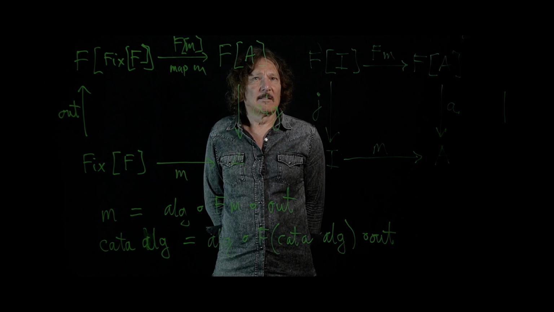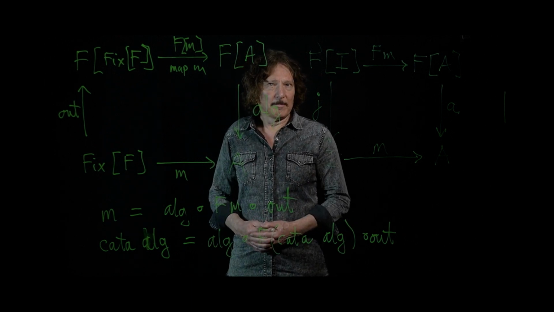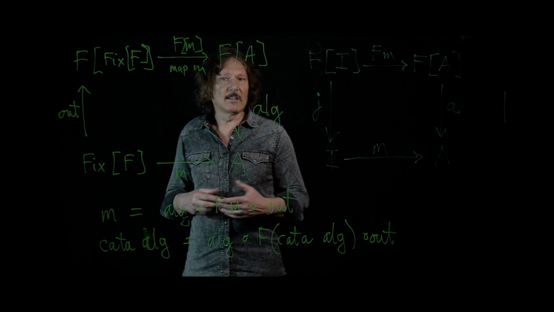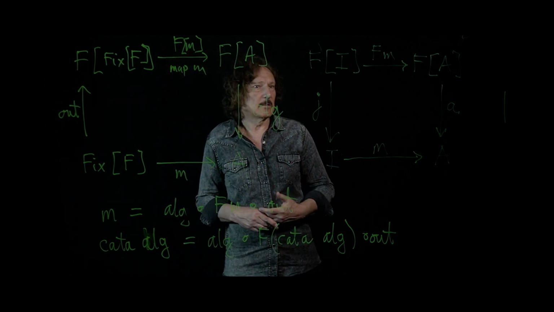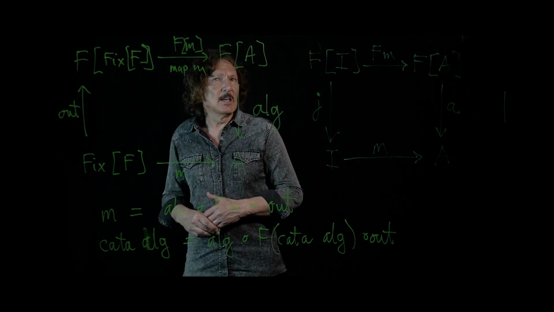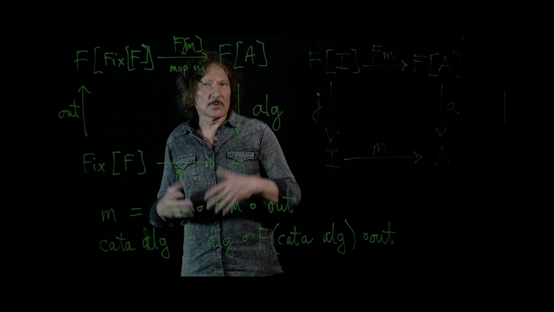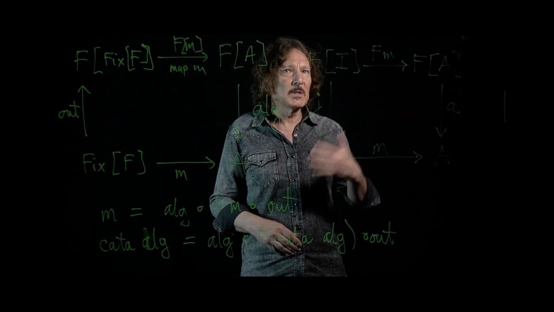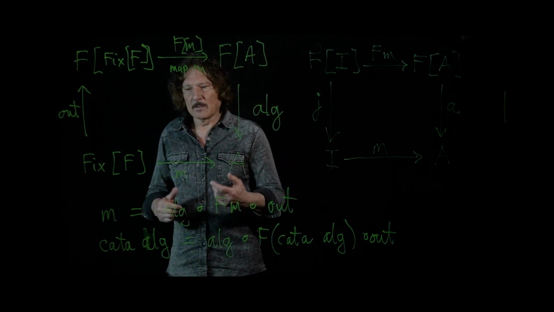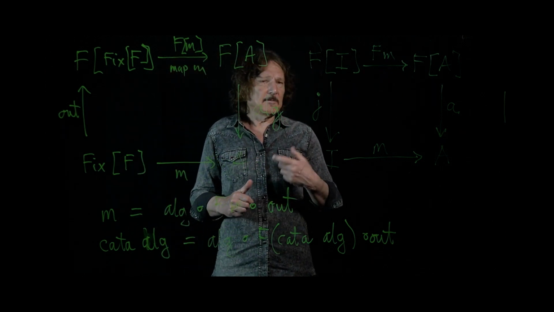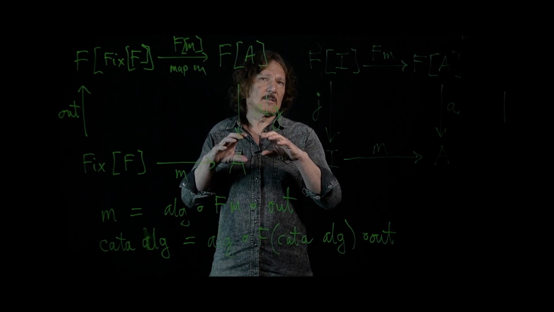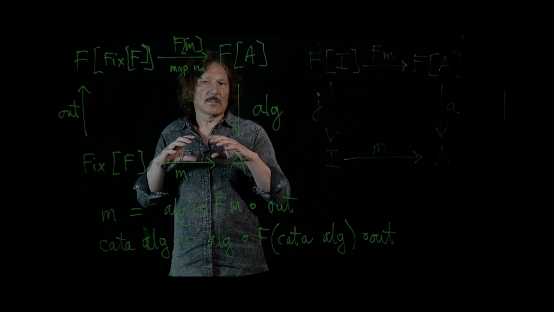We start with a functor. This functor can be used to define a recursive data structure. In our case, this was a recursive expression tree, but it could be anything. It could be a list, could be a tree, whatever functor you come up with can be used in this construction. So we have a functor, and this functor describes the one-level non-recursive part of a recursive data structure.